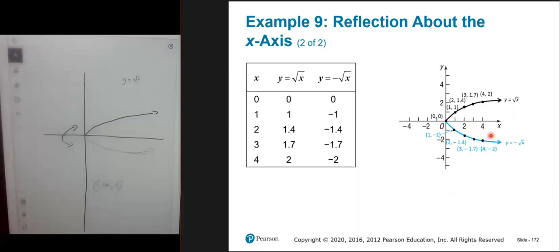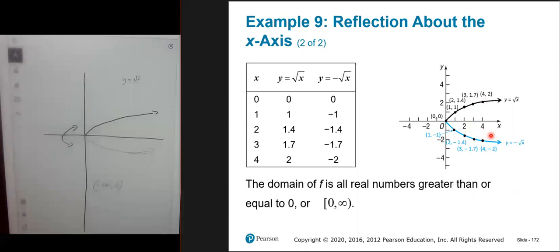Simple, just changing the sign of the y values. When you change the sign on the outside, you're changing the sign of the y values. The domain didn't change, but the range did.